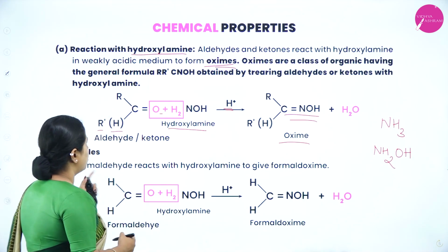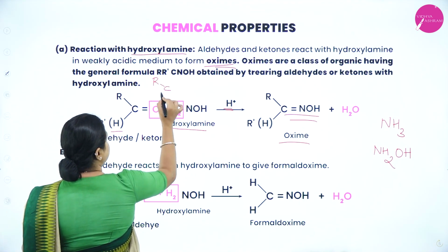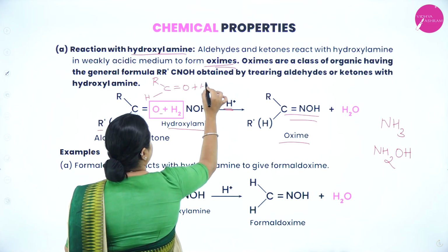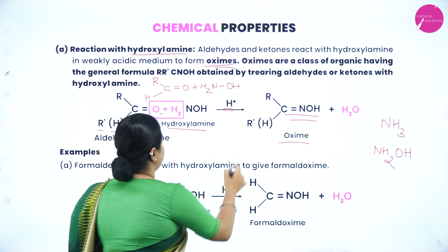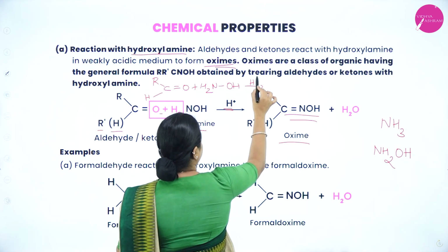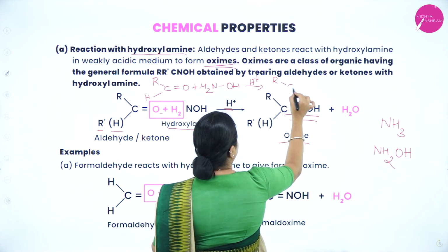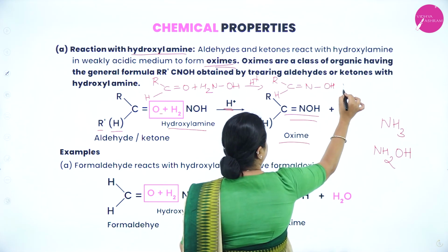Clear? Okay. For example, if you are taking an aldehyde, what is going to happen? You have RCHO, which reacts with H2NOH, that is your hydroxylamine. In the presence of an acid, H2O will be removed. What are you going to get? RCH=NOH, and water will be removed.